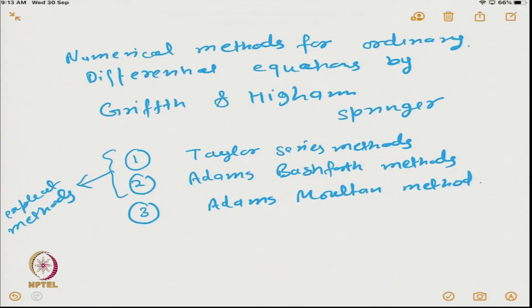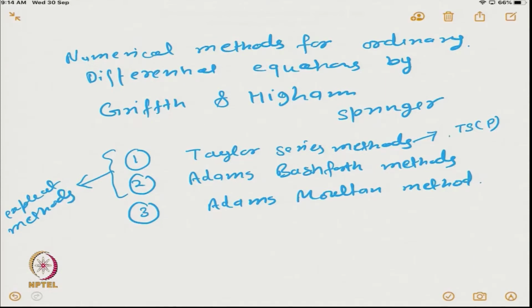Both can be of different order, as we have seen. It is called TSP, and when P is 1 it means it is a first order accurate method. In that case it is called the forward Euler method. Similarly, Adams-Bashforth method of order 1 is also called the forward Euler method.